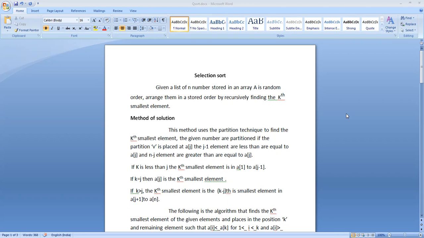You should repeat the problem again. Okay. So when we keep on repeating the problem from the left side onto the right side, at the end of this, the elements will become sorted. That's how we do it in quicksort.